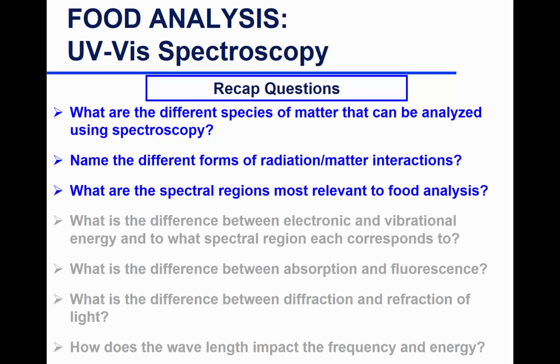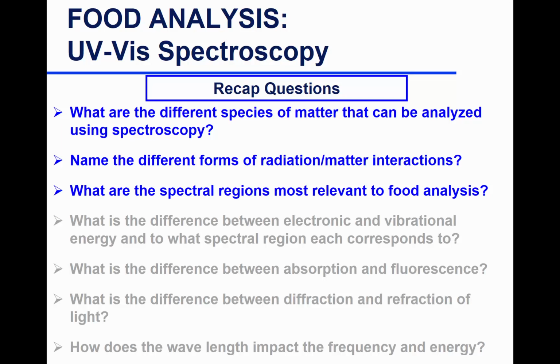What are the different species of matter that can be analyzed using spectroscopy? Don't look back. Let's see how much you learned. Oh, you learned nothing. Atoms and molecules, yes.